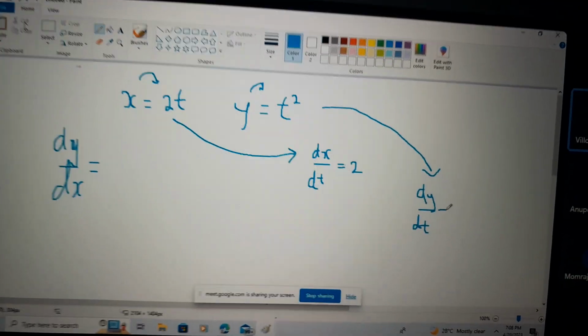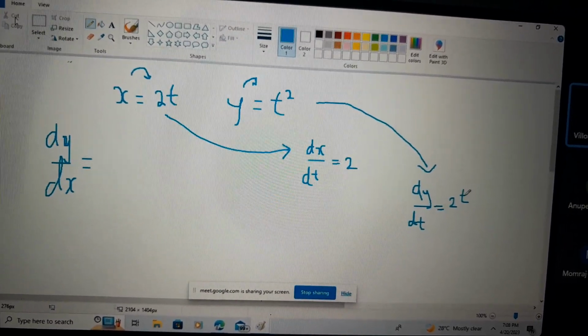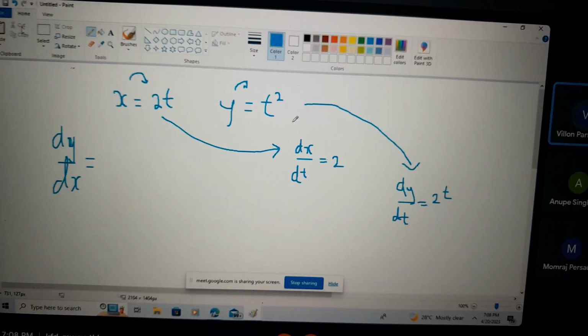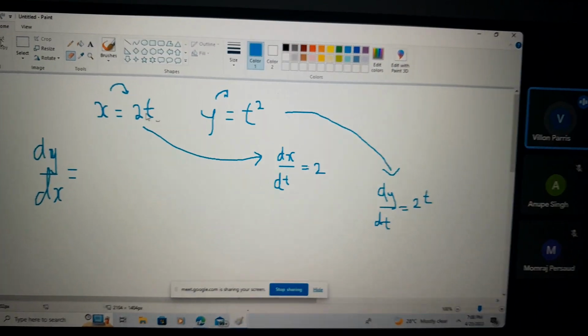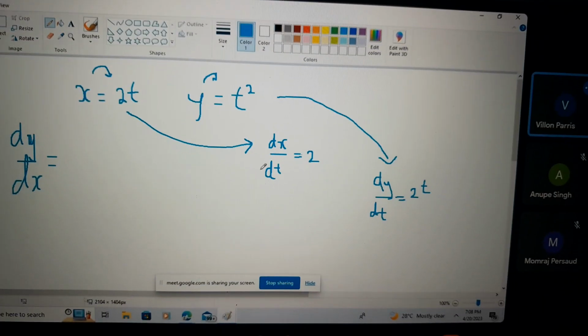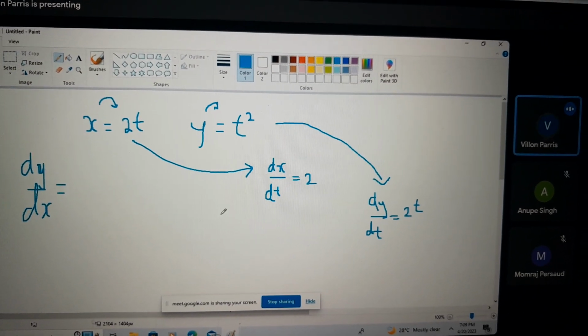Excellent. dy/dt is 2t. Now, I want you to think about how I can use these two, the dx/dt and the dy/dt, to get dy/dx.